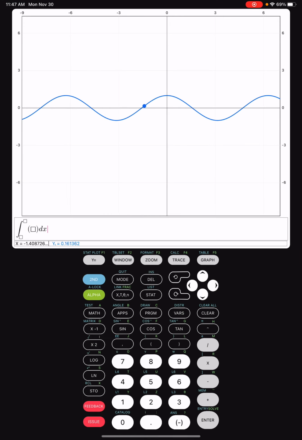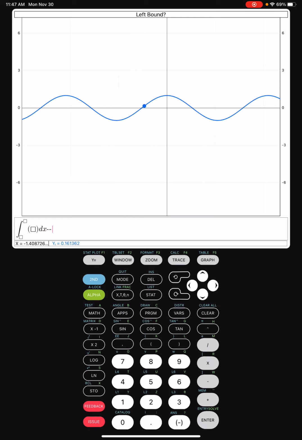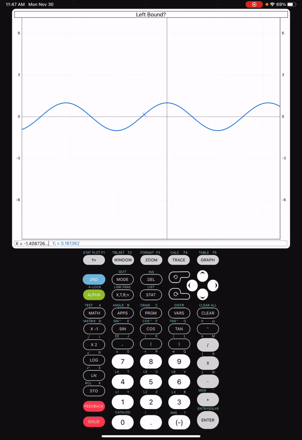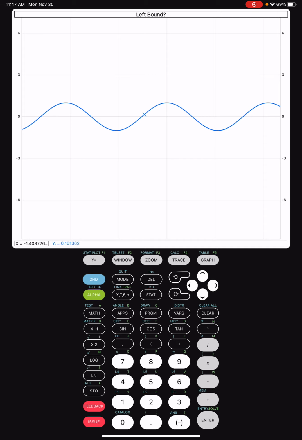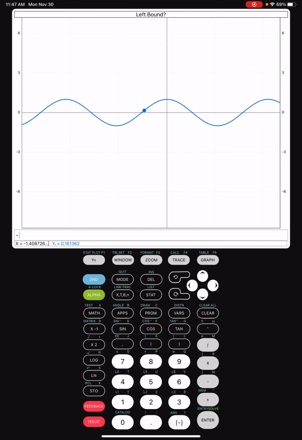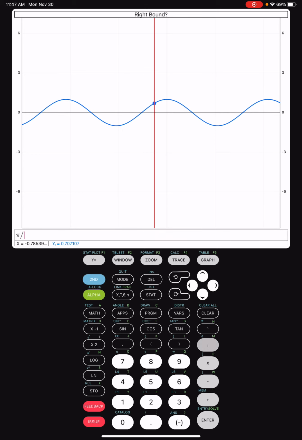So let's check that. Let's do second calculate. I want to calculate my integral from negative pi fourths to positive pi fourths.